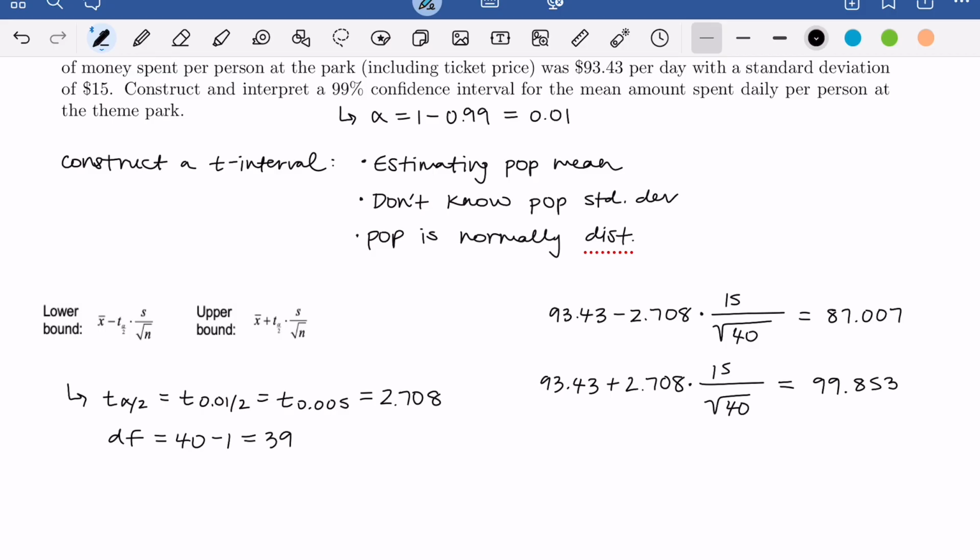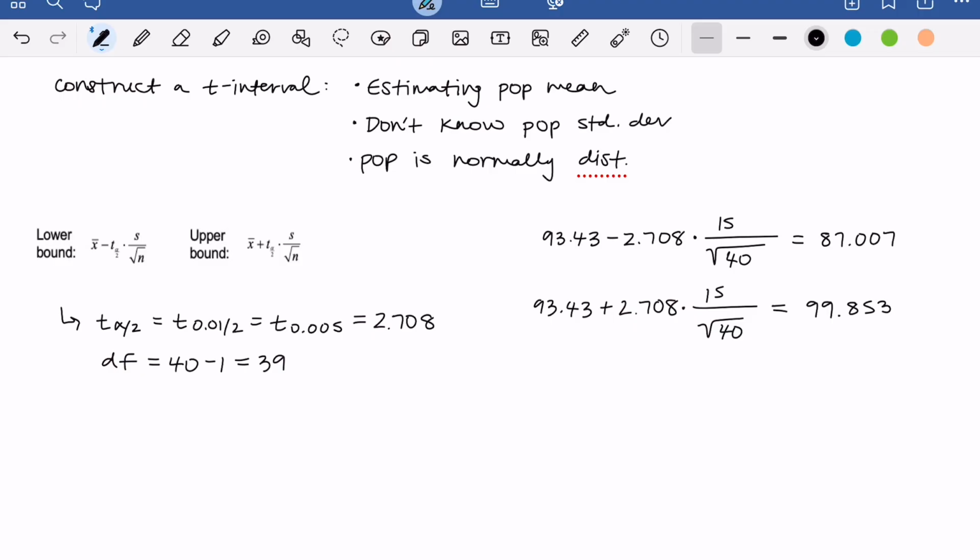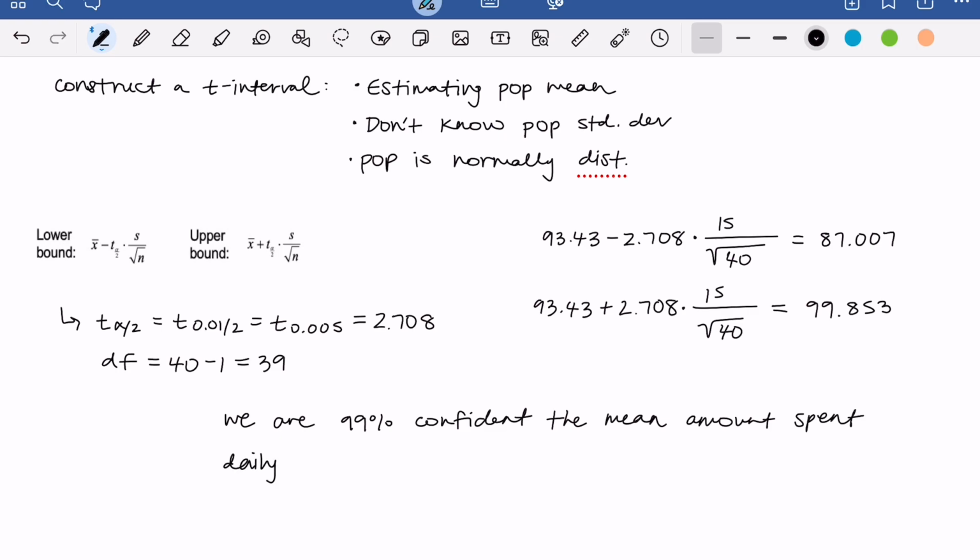Okay, so this means we can be 99% confident that the true mean amount spent daily per person at this theme park is between $87 and $99. So we're 99% confident the mean amount spent daily per person at this theme park is between this amount and this amount.